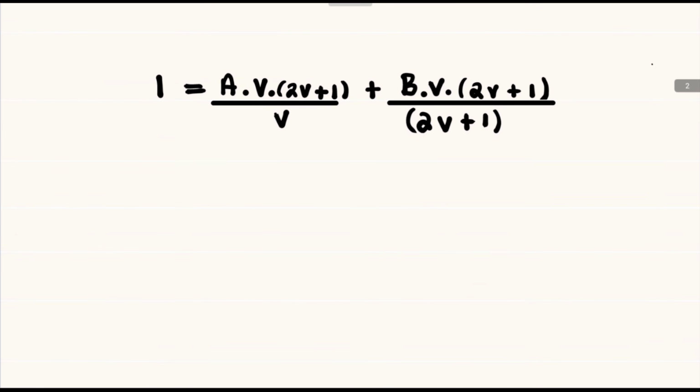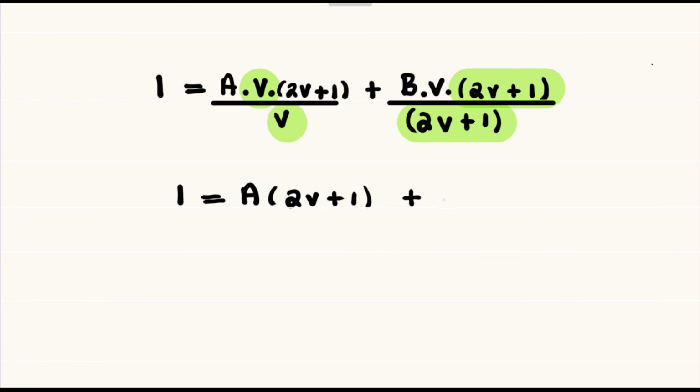From here, the v and v cancel out, and the 2v plus 1 and 2v plus 1 divide to 1. And 1 on the left will be equal to a multiplied by 2v plus 1 plus b multiplied by v.